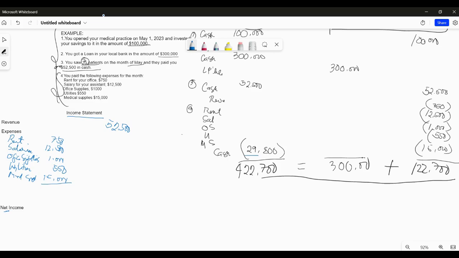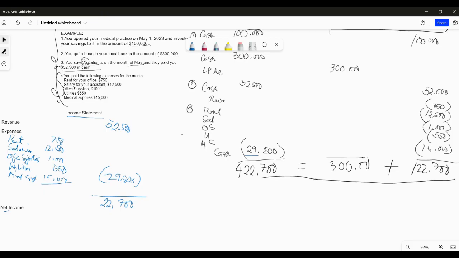So this is a total of 29,800. If we subtract that from our revenue, we'll have a net income of 22,700.